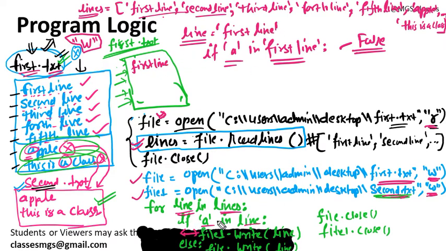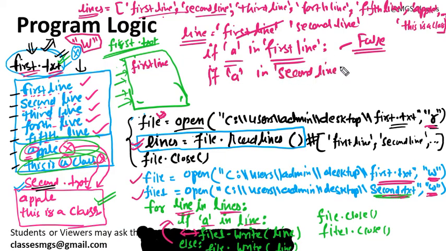Next time the loop will execute again, and the second time the line variable will be initialized with the second line. I am explaining this loop. Again, if a in second line. Remember, the second line is the text here. I am inserting it in such a way that it might be confusing for you. I should not take this content in the file.txt; it is the content in the file.txt.